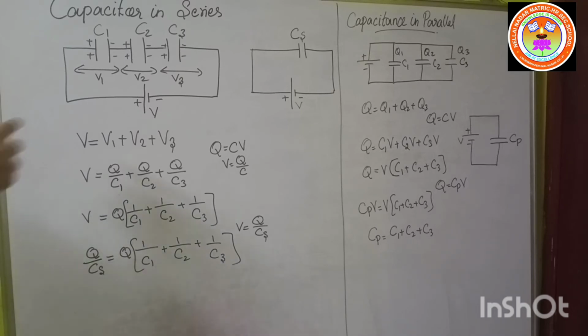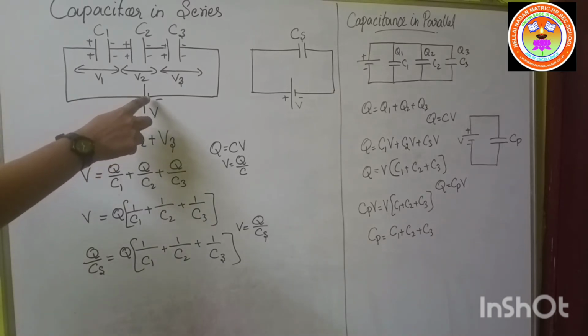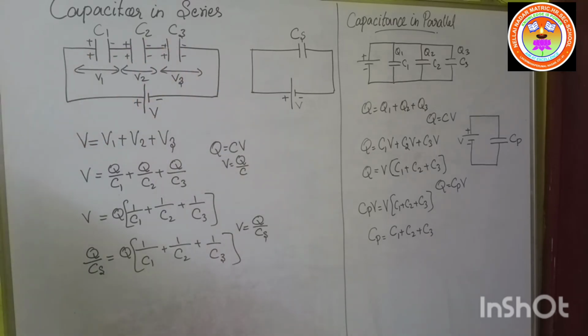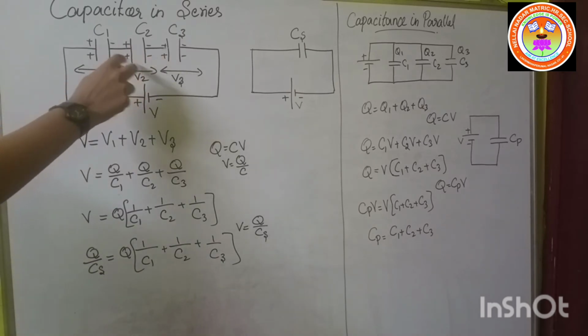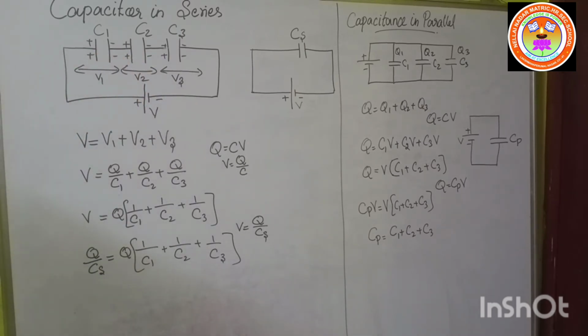Which pushes electrons of the same amount, minus Q, from the left plate of C3 to the right plate of C2.